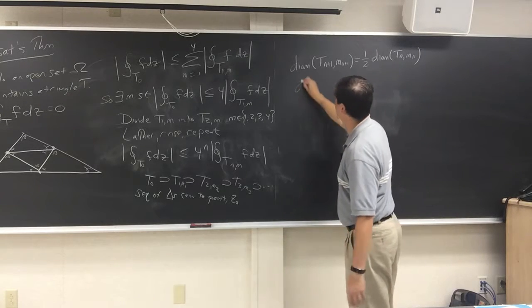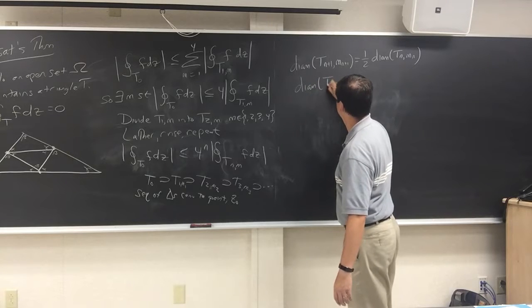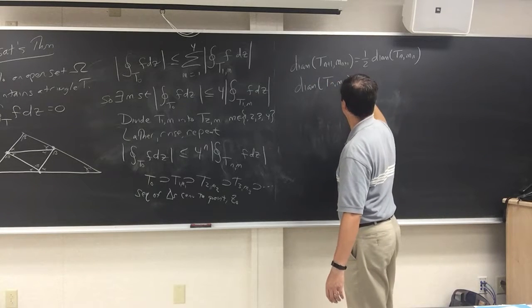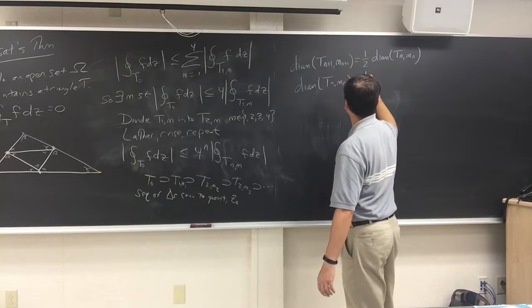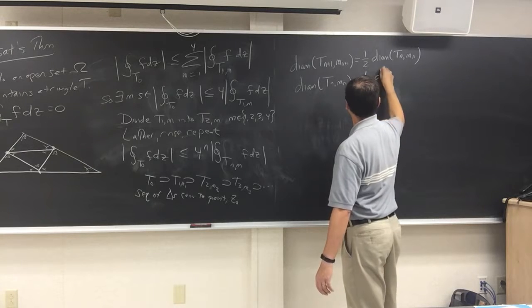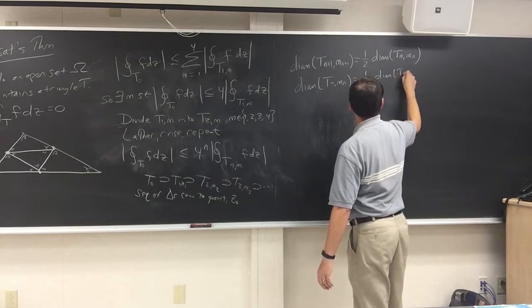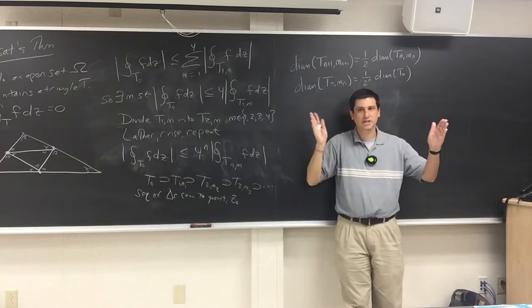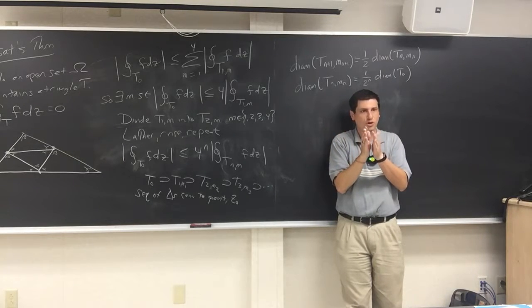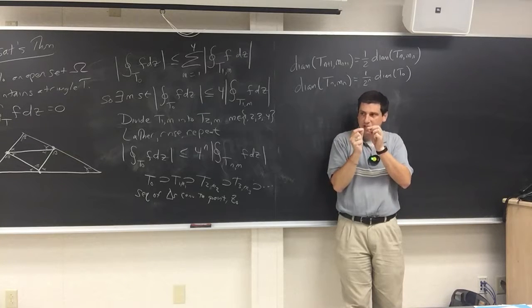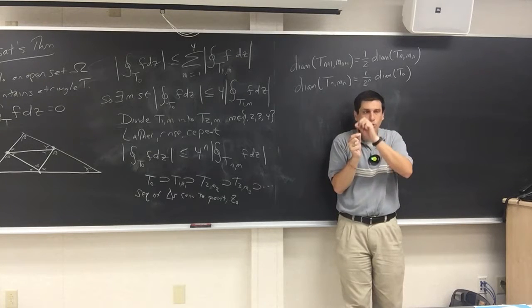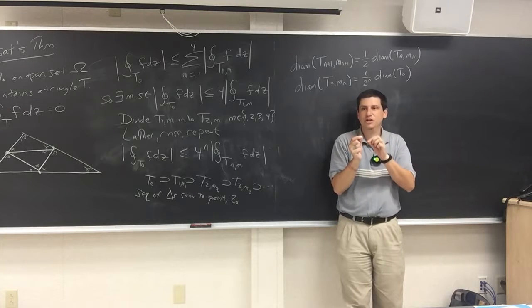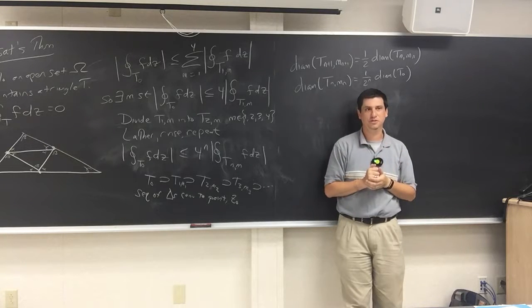Another way of looking at it is the diameter of Tn, mn is 1/2 to the n times the diameter of the original triangle. So what this is telling us is that the triangle is getting extremely small. So if I'm integrating and I'm varying my point along the boundary of the triangle, I can't move that much.